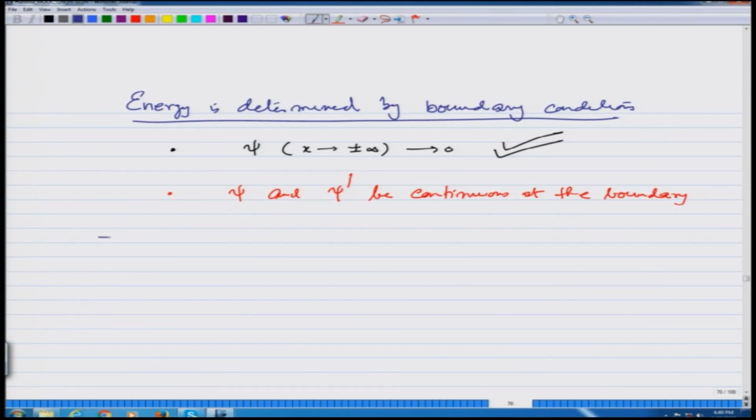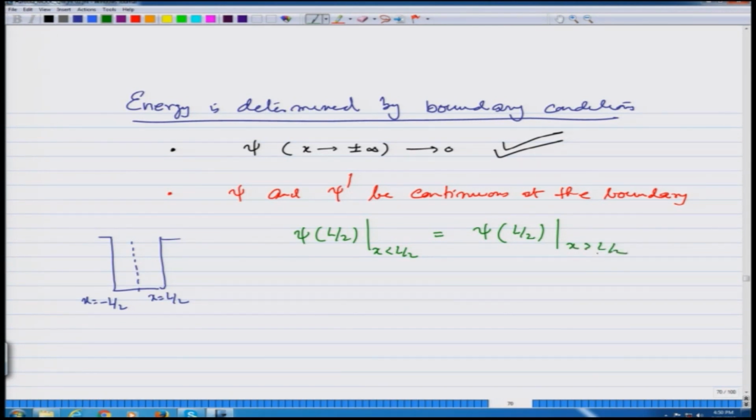That means in this finite box, where are the boundaries? Boundaries are at x equals L by 2 or x equals minus L by 2. If I satisfy it on one side, the other side will automatically be satisfied because of the symmetric and antisymmetric nature of the wave function that we have already taken care of. So, psi at L by 2 from the x less than L by 2 solution should be equal to psi at L by 2 from the x greater than L by 2 solution.